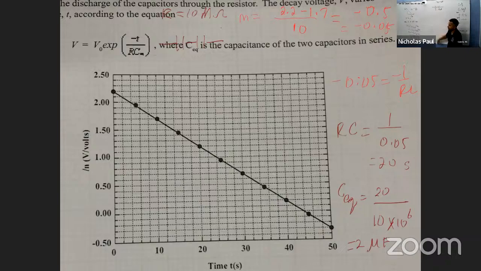Work this out, find C. Then you come on the board and finish it. Now fast. Work it out fast.